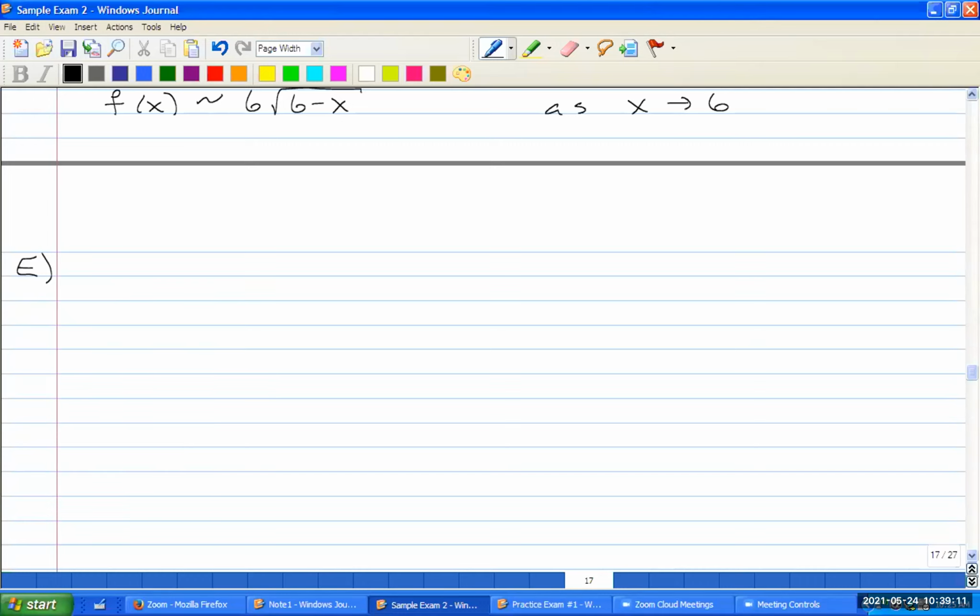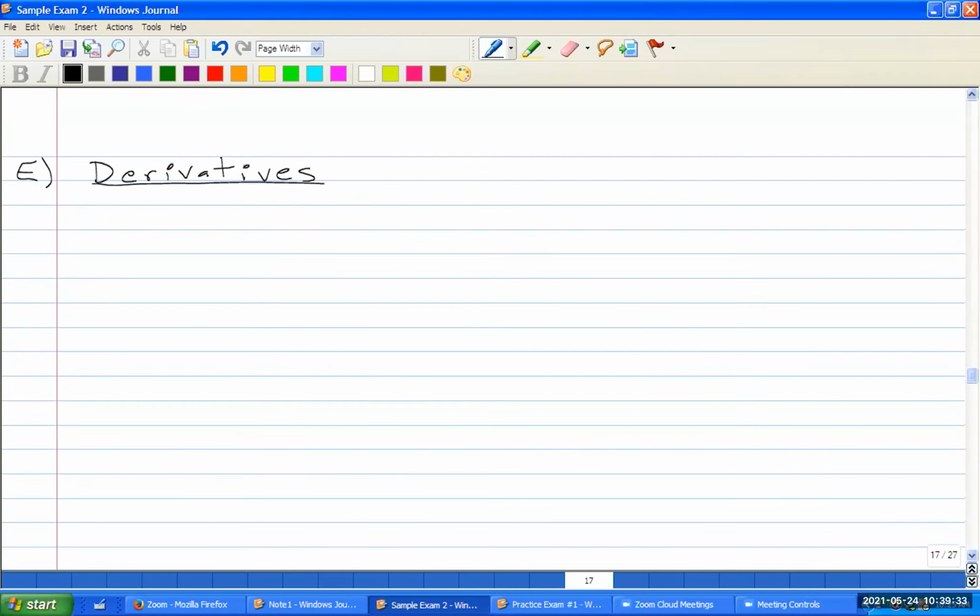So let me first find the derivatives, so I can use those on the next three parts. And so f of x is equal to x times 6 minus x to the 1/2.